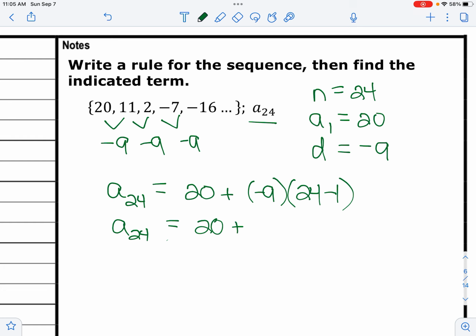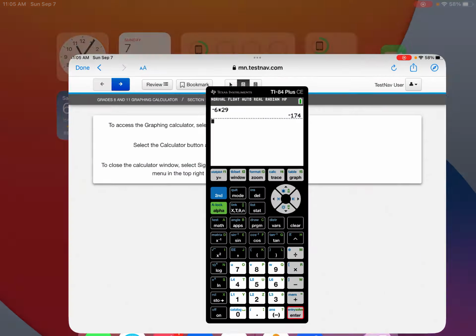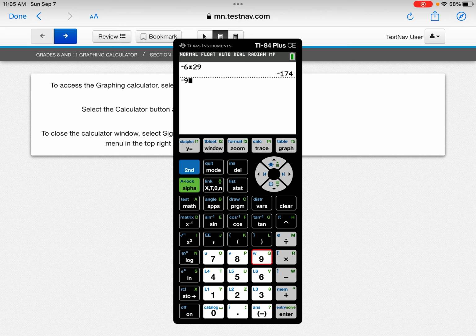Now I need to figure out what this is going to be here in a second. I'm going to have to do negative 9 times 23 probably on my calculator. So let's do that. I get negative 207. All right.